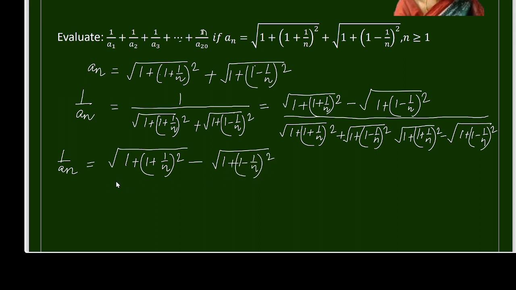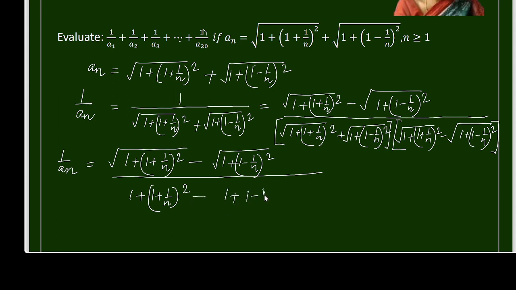Now let us see what is the denominator. Denominator will be a plus b into a minus b, that will be a square minus b square. So it will be 1 plus (1 plus 1 by n) whole square, there will be no square root, minus 1 plus (1 minus 1 by n) whole square, because they will be subtracted.